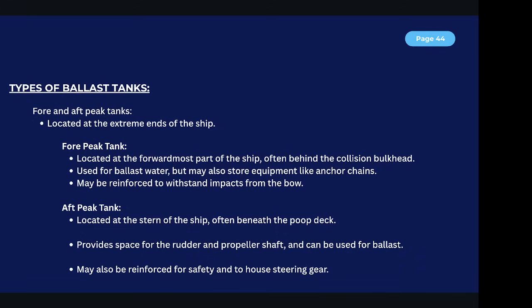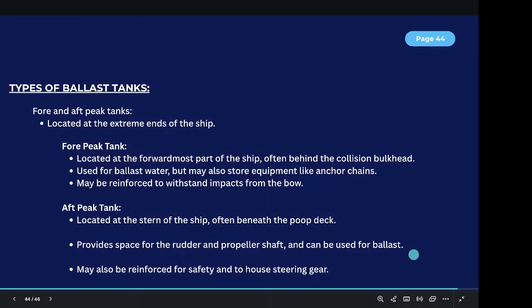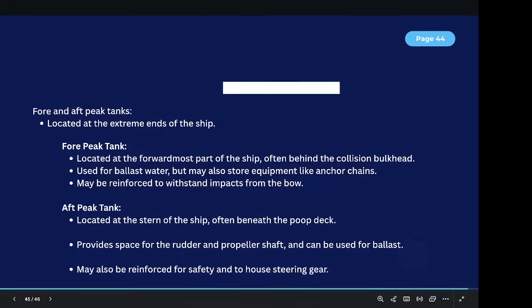It also provides space for the rudder and the propeller shafts and can be used for ballast. This may also be reinforced for safety and houses the steering gear.